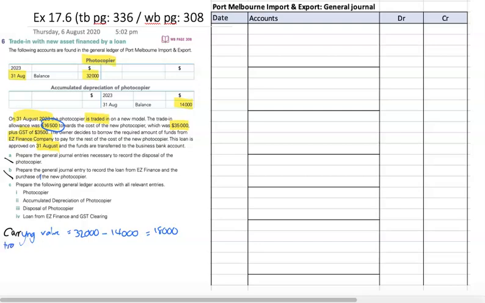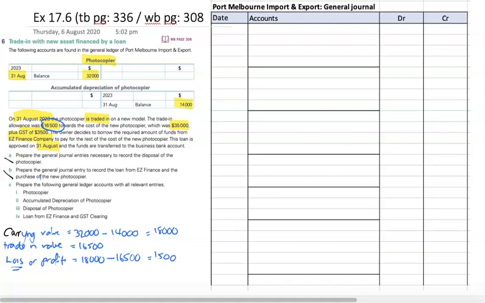So the trade-in value equals 16,500. So did we make a loss or profit? We clearly made a loss of $18,000, what we thought it was worth, minus the 16,500 that we made. So we made a loss of $1,500. And that is ultimately the solution we're trying to get to.